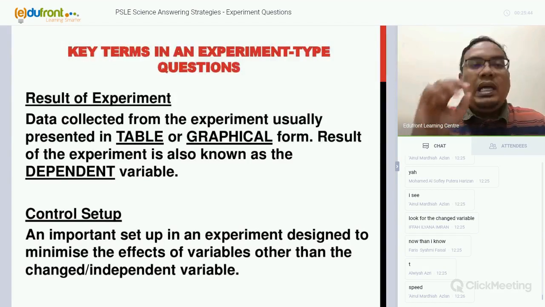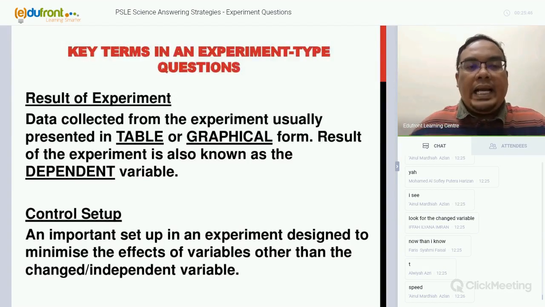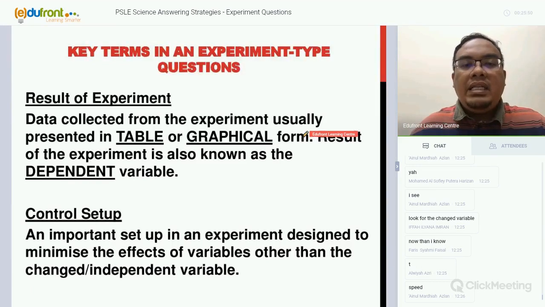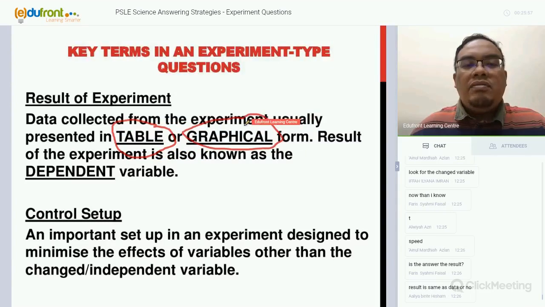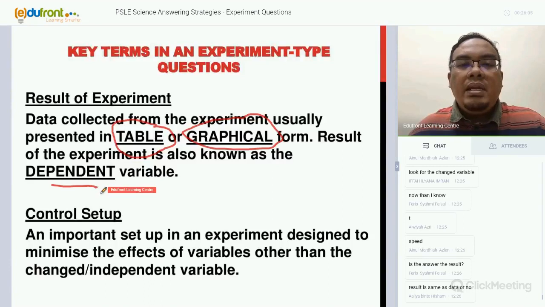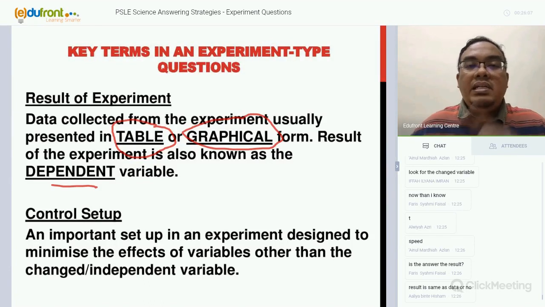So all these things are called the result of the experiment. They are the data collected from the experiment, usually presented in table form or graph form. The result of the experiment is also known as the dependent variable. Why dependent? Because the dependent variable is dependent on the independent variable.